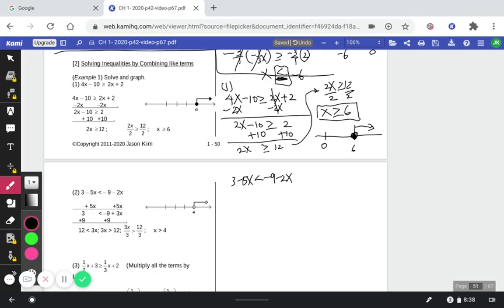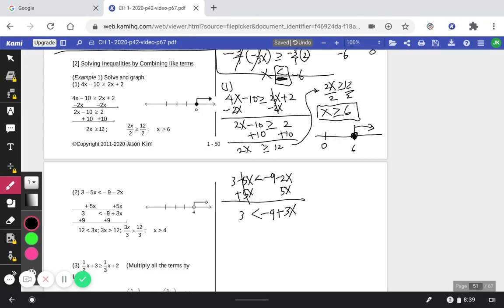With negative numbers, whichever is closer to 0 is the larger value. So negative 5 is smaller. So how do you move negative 5? You add 5x to both sides because you have to do the inverse of negative 5x. Then you get 3 is less than negative 9 plus 3x.